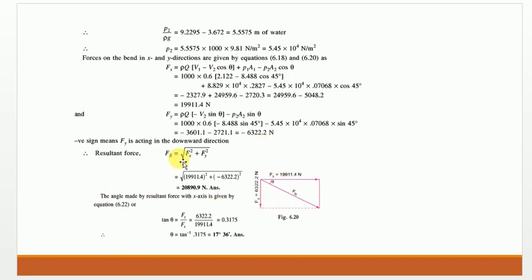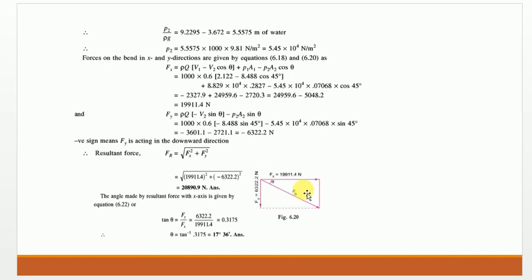The resultant force, from a basic trigonometric formula: F of r square equals F of x square plus F of y square. So F of r equals the square root of F of x square plus F of y square. So the resultant force will be equal to this value. Now, what is the angle made by the resultant force?